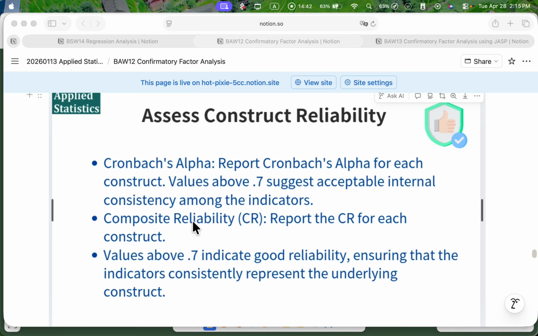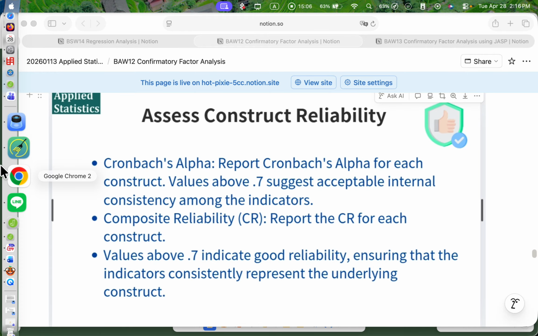But for CR, you have to run CFA. Helen, if you want to report CR, you have to run CFA to calculate CR.